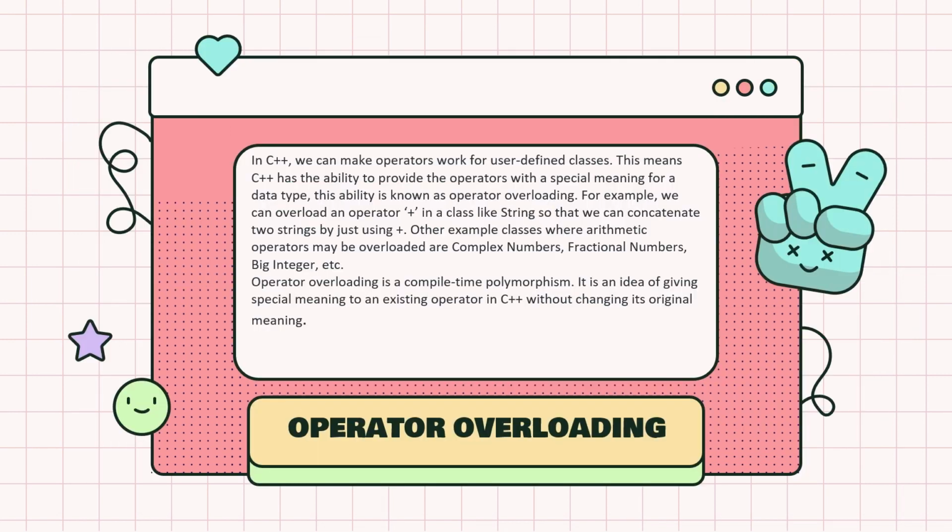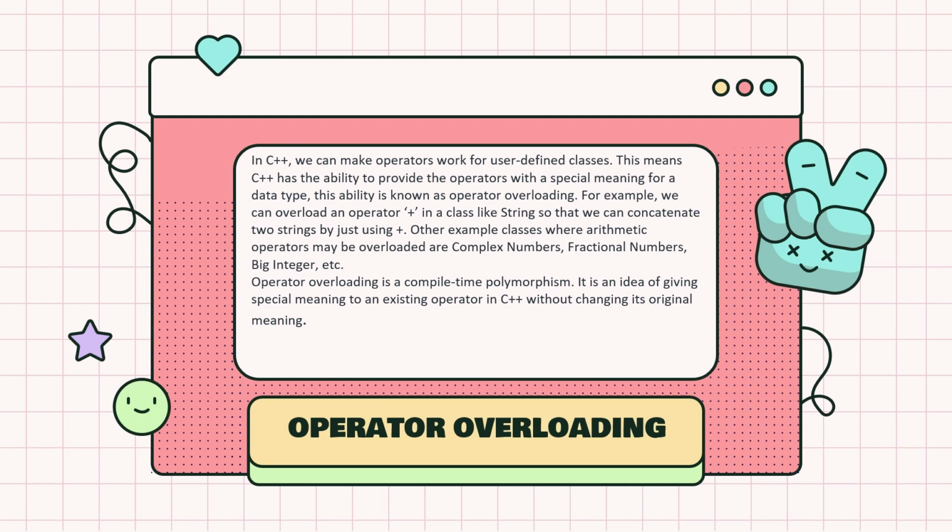So what is operator overloading? In C++, we can make operators work for user-defined classes. It means that C++ has the ability to provide the operator with a specific meaning for a data type. Operator overloading provides a new meaning to the operator, which is defined by the user in the classes.